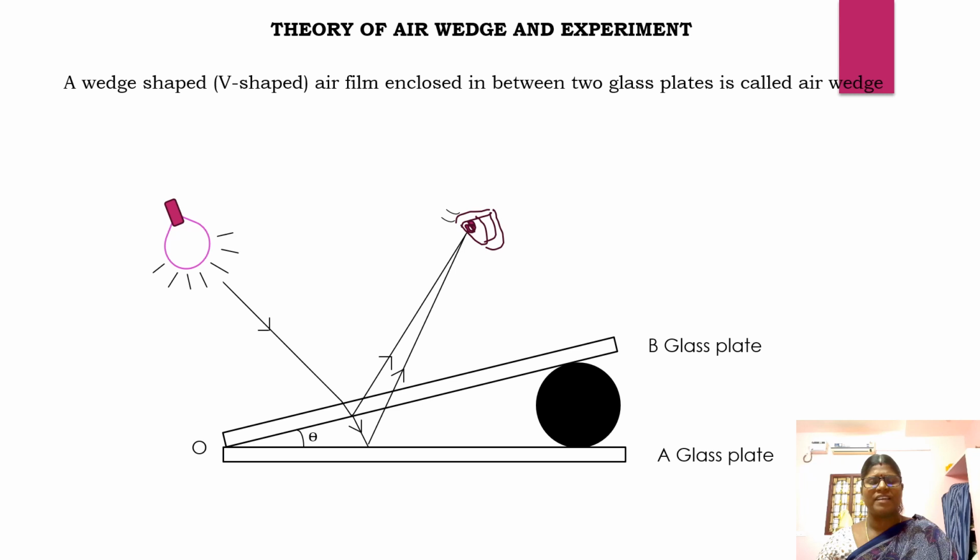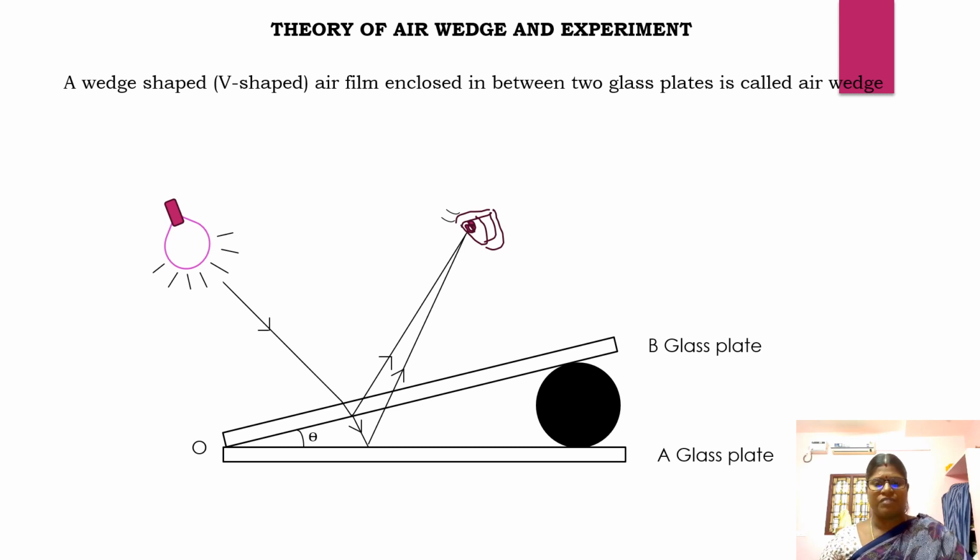These two glass plates are placed one over another by keeping a wire at one end, and the other end is made to contact each other. So in between, a thin layer of air gap is produced. The shape of the air gap will be a wedge shape. That's why we call it an air wedge.